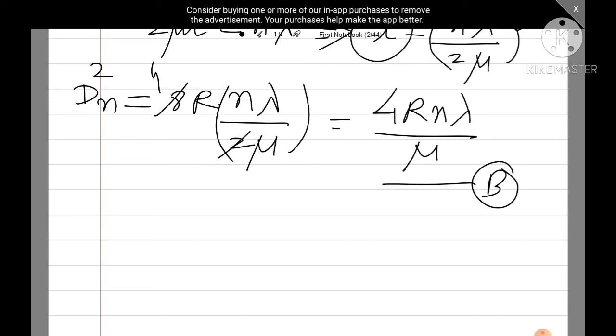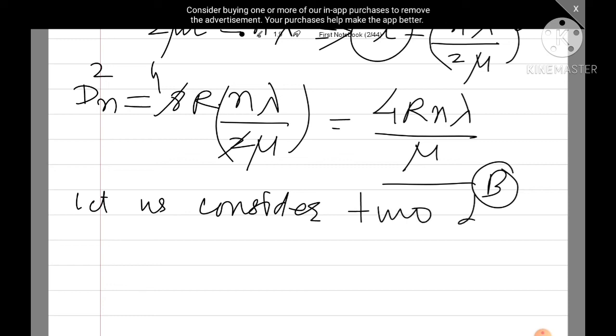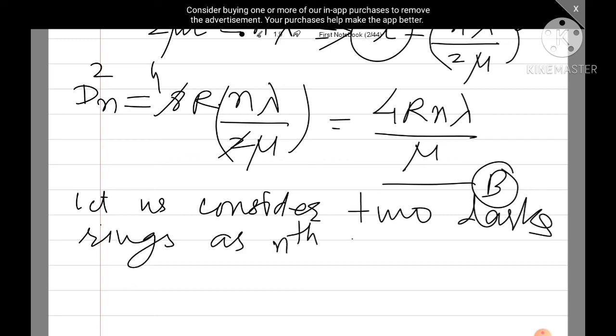Now let us consider two dark rings as nth and n plus pth.